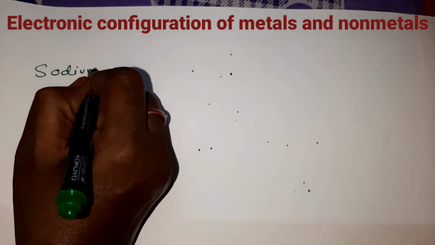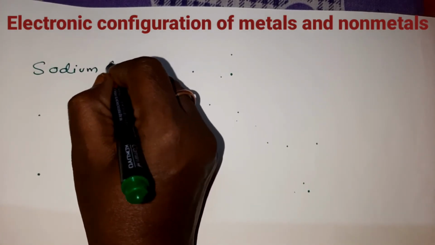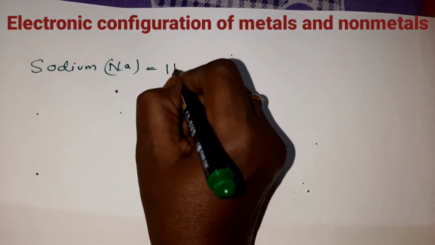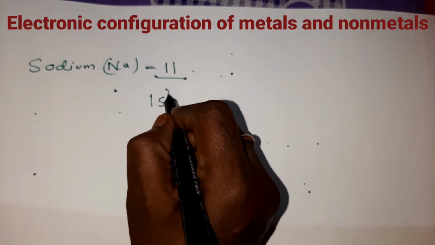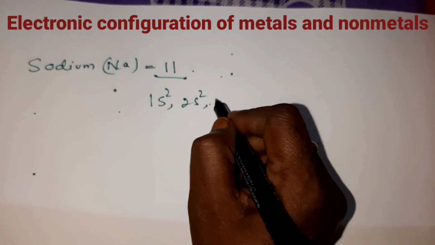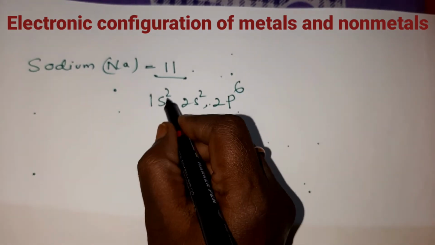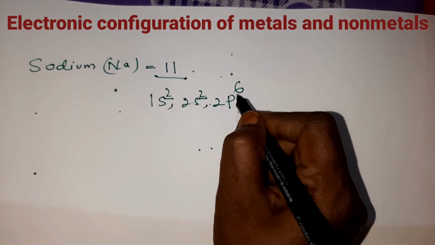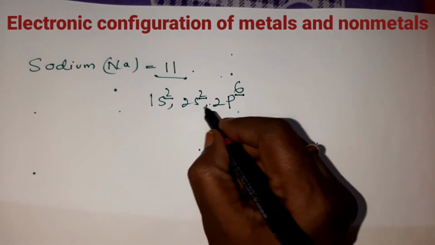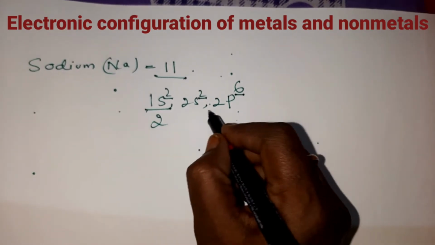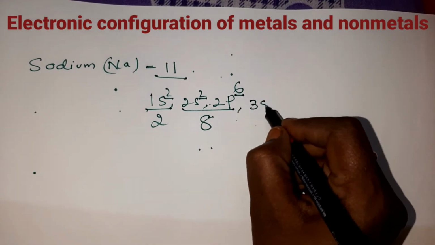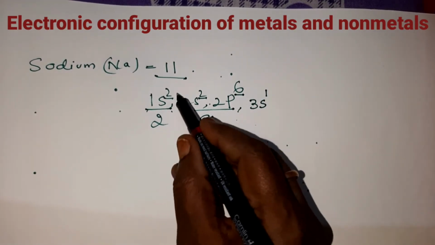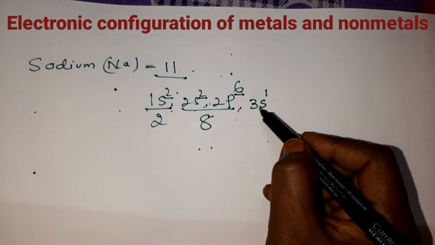If you take sodium, the atomic symbol is Na and the atomic number is 11, children. How do you write the electronic configuration? It is 1s2, 2s2, 2p6, 3s1. The first shell has 2 electrons, the second shell has 8 electrons, and the third shell starts with 3s1.